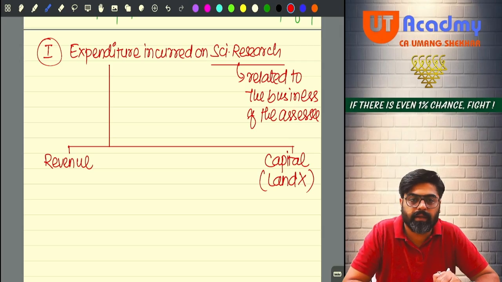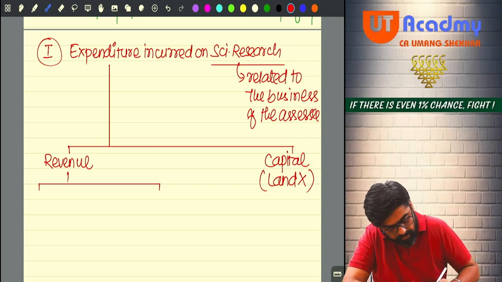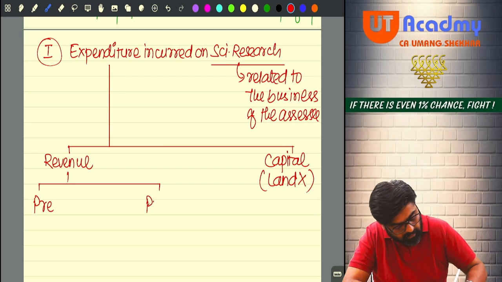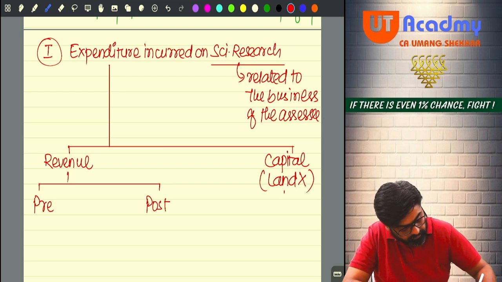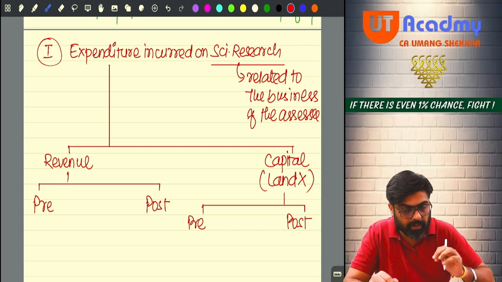What did I say? Other than land. That capital expenditure will be allowed. The revenue expenditure which was incurred pre-commencement, post-commencement. Capital expenditure also incurred pre-commencement, post-commencement.